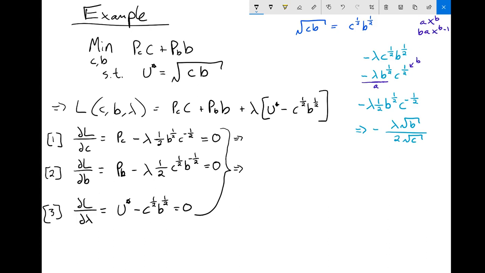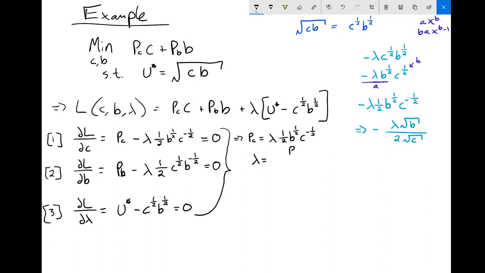So let's solve this for lambda. Let's just go step by step. I'm going to move basically this whole term to the right side. So I'll get PC equals lambda 1/2 b to the 1/2 c to the minus 1/2. I'm solving this for lambda, so I'm going to take lambda equals, and then just divide both sides by this whole expression.